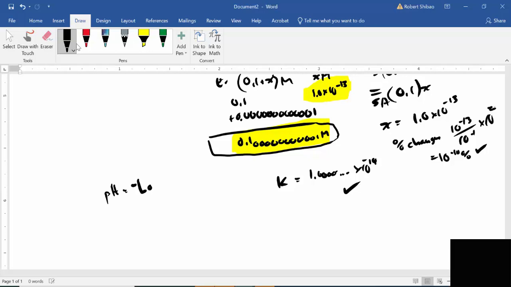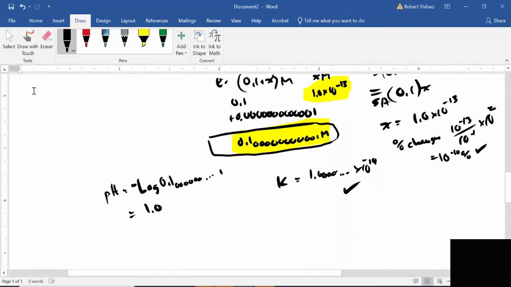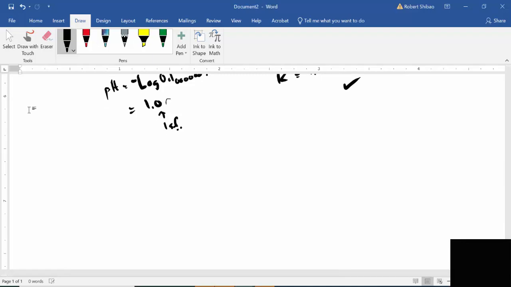So pH is the negative log of the hydronium ion concentration, which is 0.1000001, which is going to come out to 1.0. Now, how many sig figs am I allowed here? Well, this is only 1 sig fig here. But it goes beyond that. I could carry extra. The extra ones I'll just subscript.